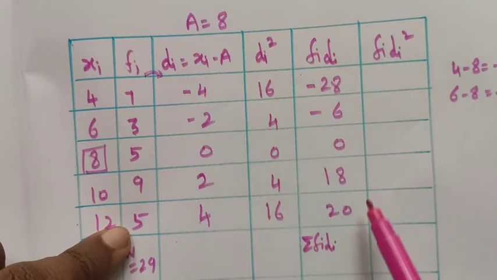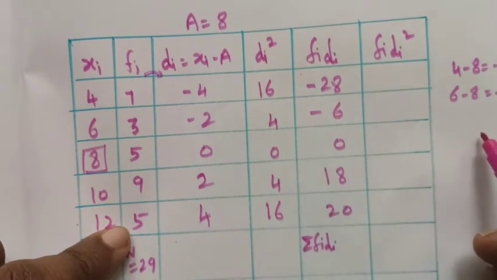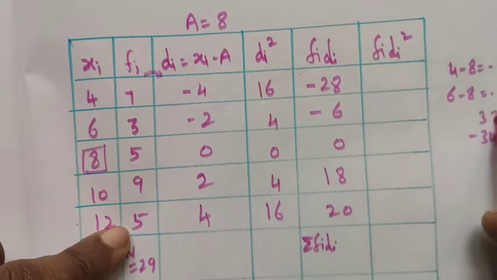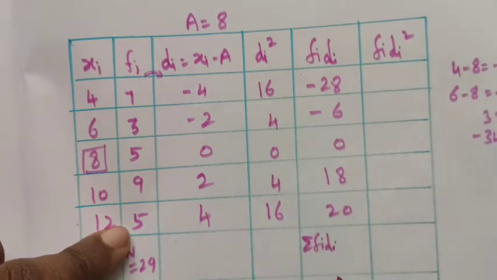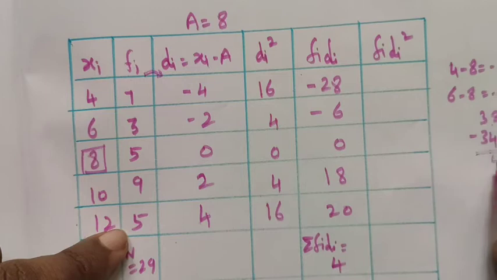Now we find summation fi di. Here we have positive and negative values. First add the negative values, we get minus 34. Add the positive values, we get 38. So summation fi di is 38 minus 34, which is equal to 4.